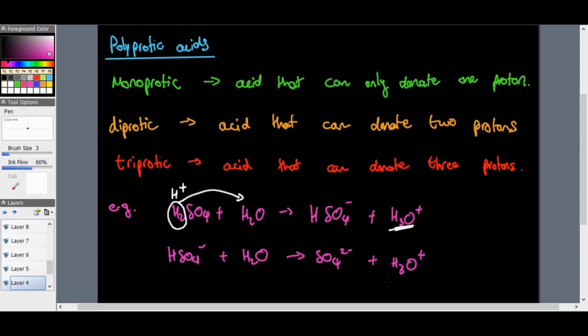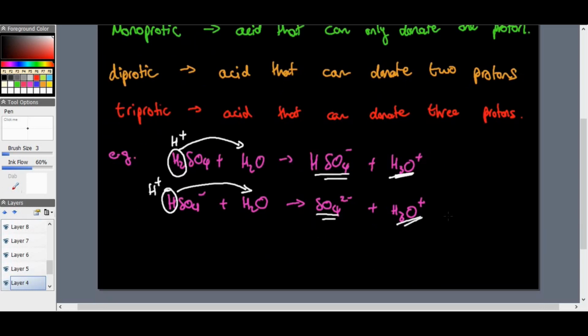The second proton got donated here again to form H3O plus, which is the conjugate acid. Here's our conjugate base. In this case also this is our conjugate base as well.